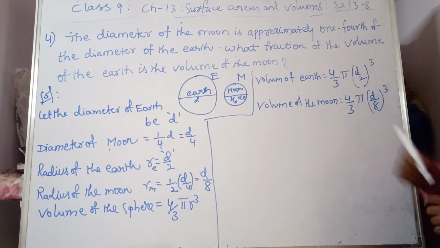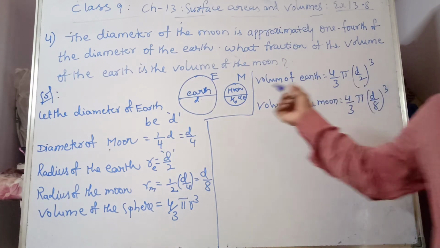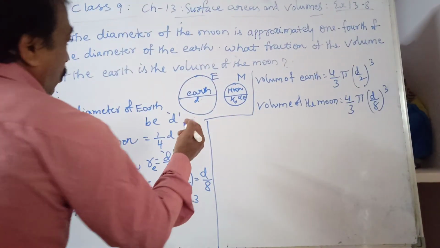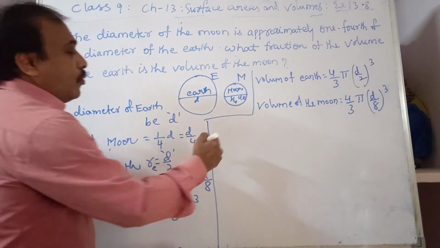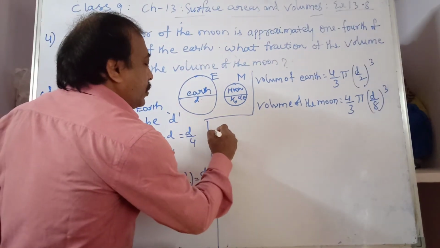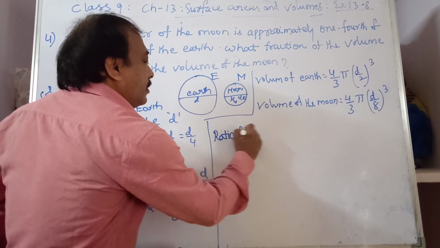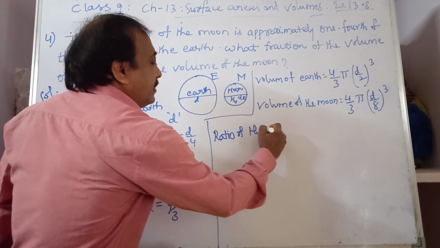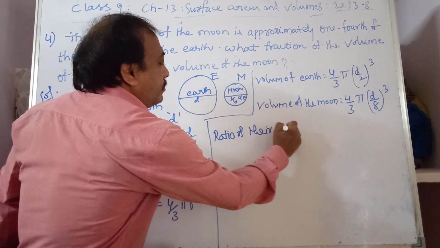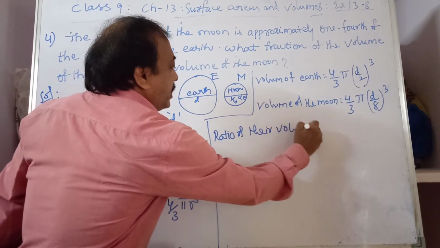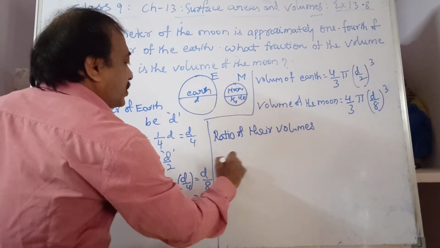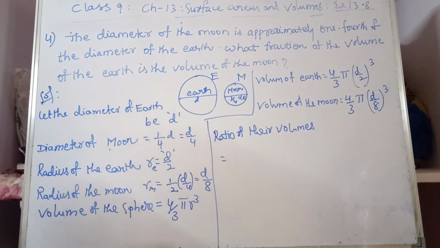Now the ratio of these two, the ratio of their volumes. Which ratio first will we write?